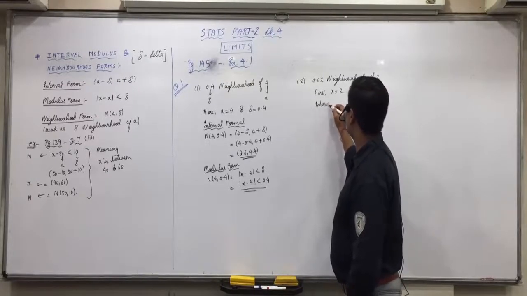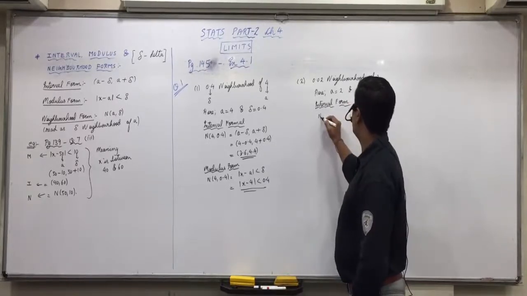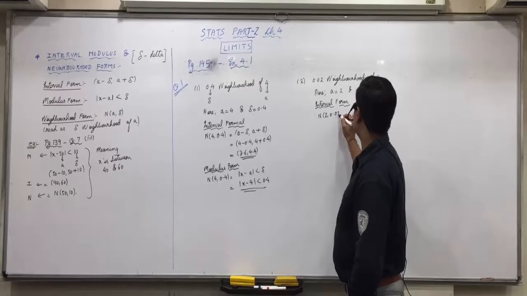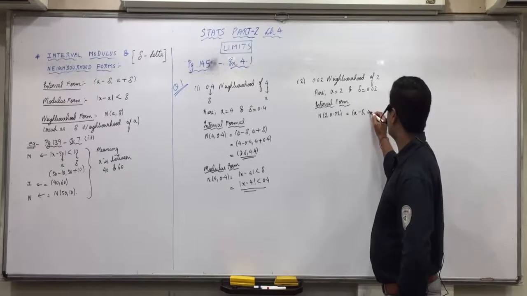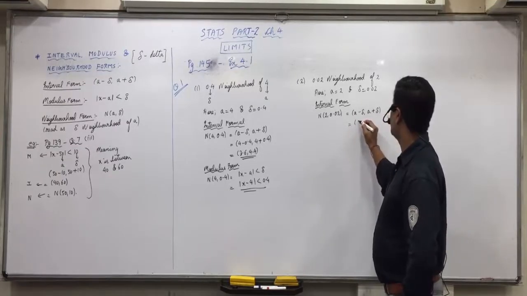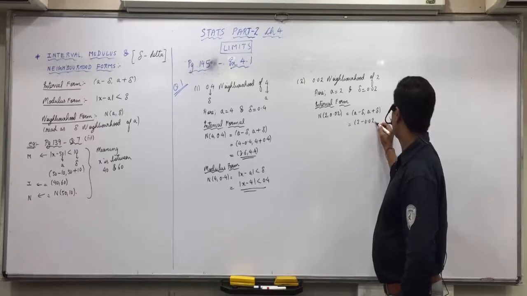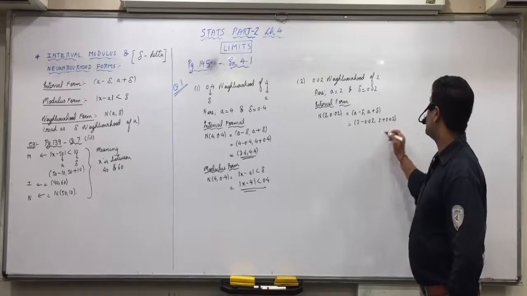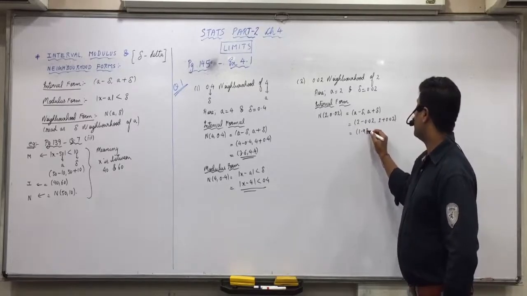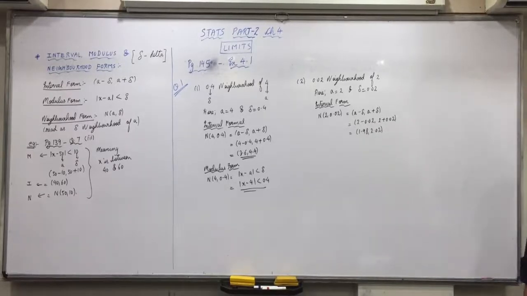First, interval form: N(2, 0.02) is (a minus delta, a plus delta), which is 2 minus 0.02, 2 plus 0.02, that is 1.98 to 2.02. You understand the actual meaning from the interval form only.